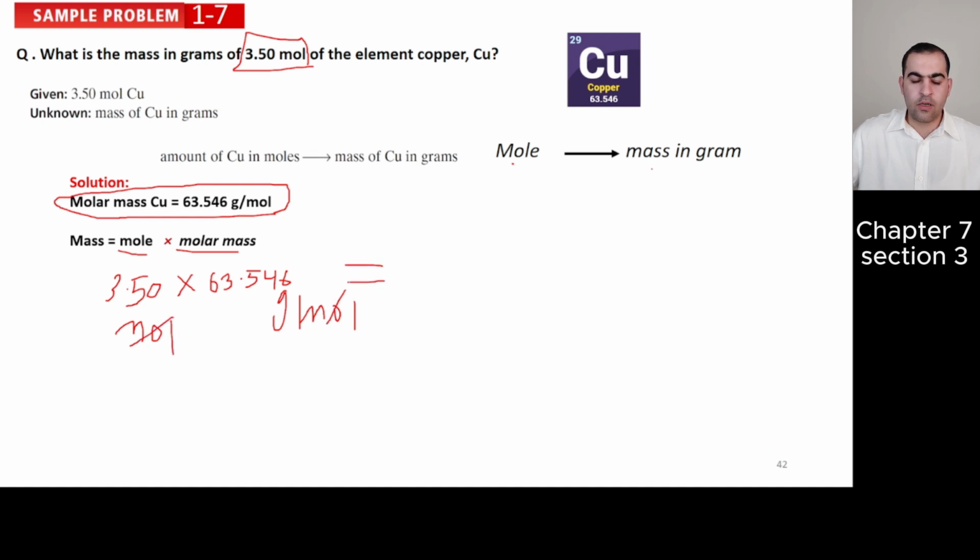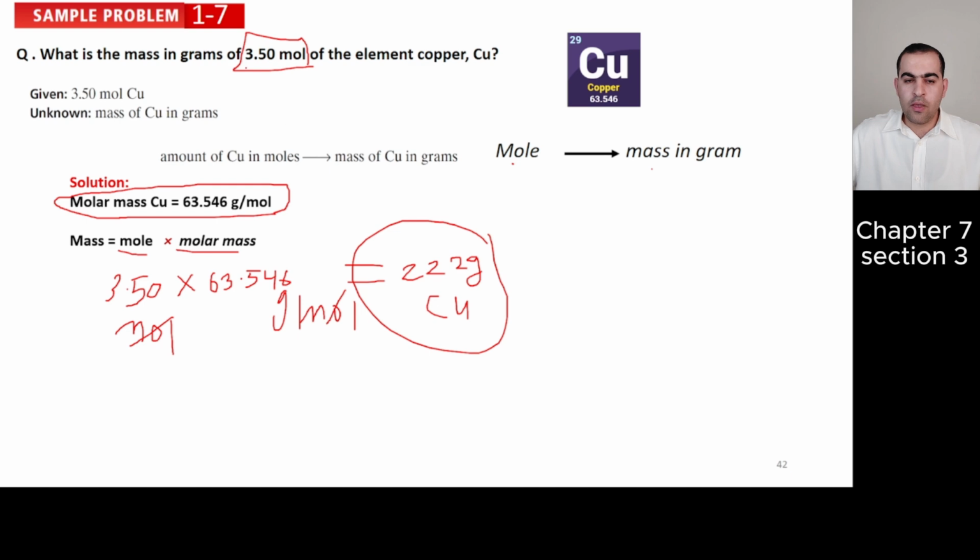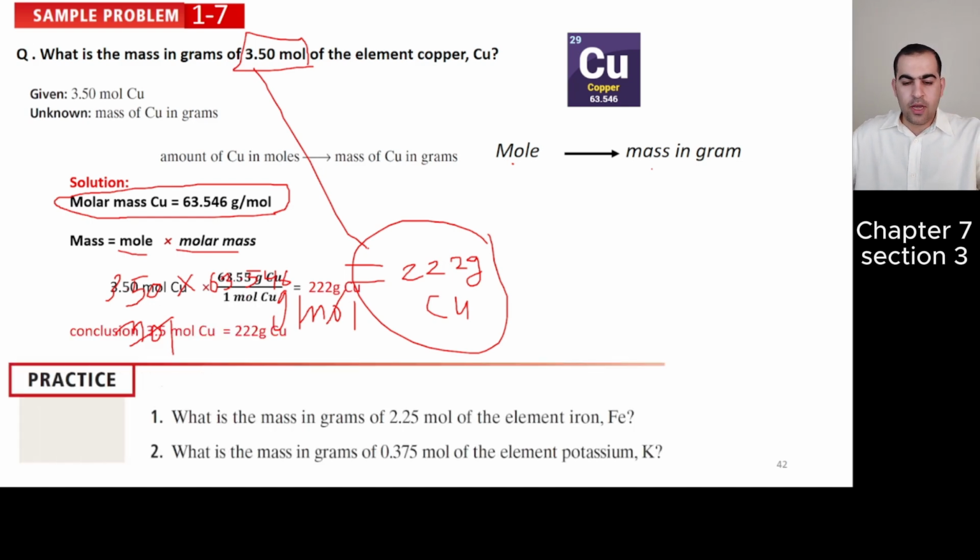So 3.50 times 63.546 equals 222 gram of what? Of copper. So 3.5 mole of copper equals 222 gram. In 3.5 mole of copper, we have 222 gram of copper. That's it. We have practices.